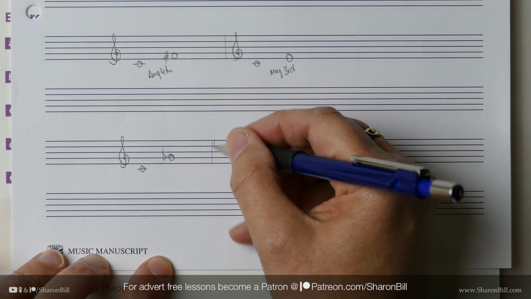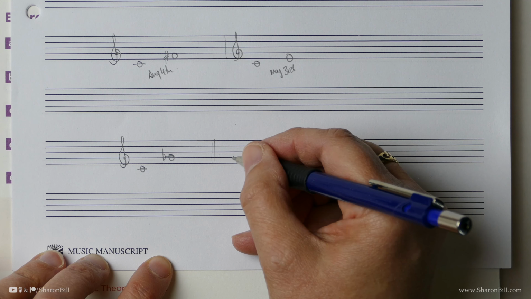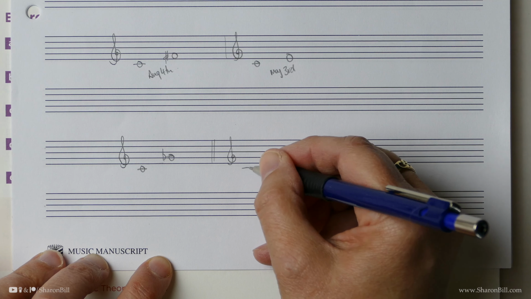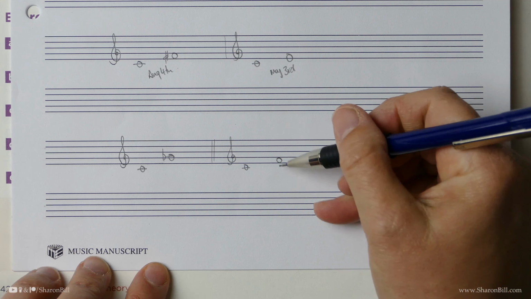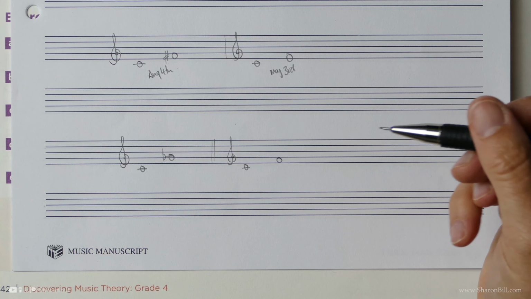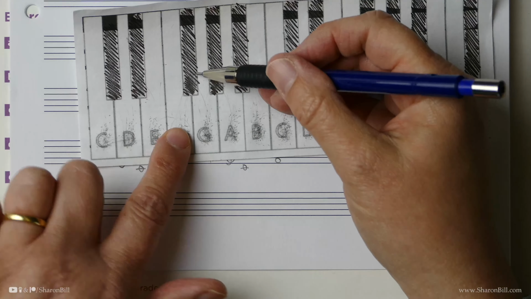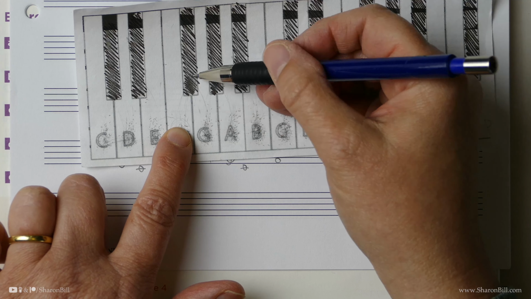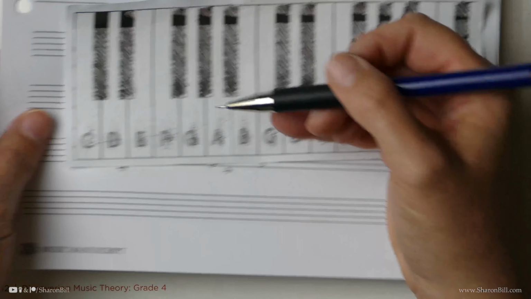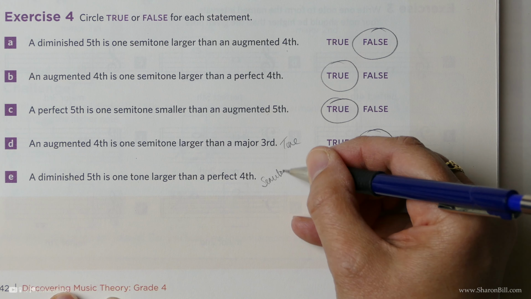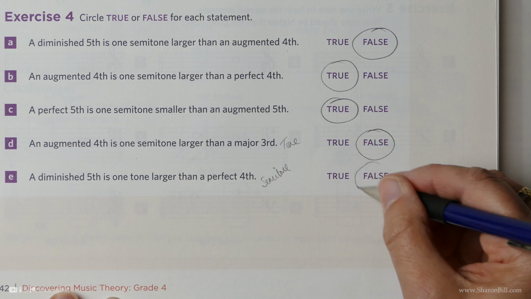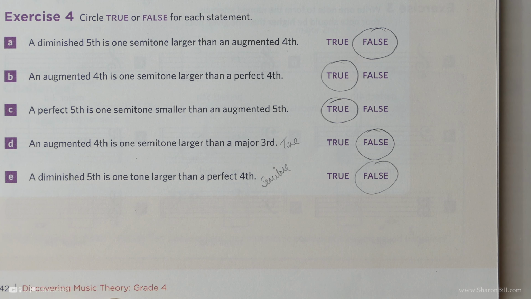And then a perfect fourth is C to F. And so what's the distance between F and G flat? F and G flat is only a semitone apart, not a tone, it's a semitone apart. And so that also is false. And that's that page nicely completed.